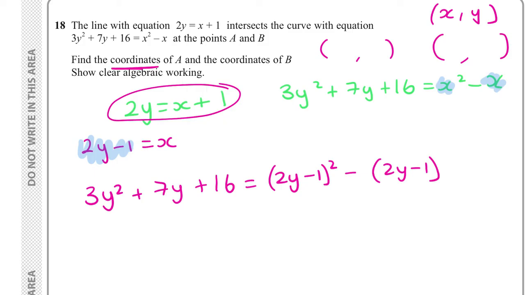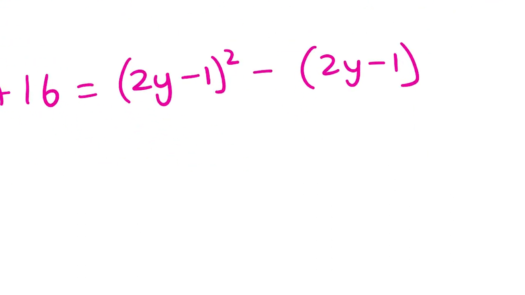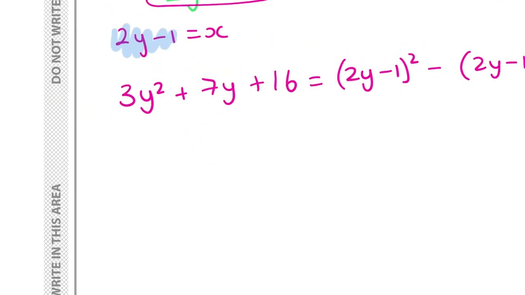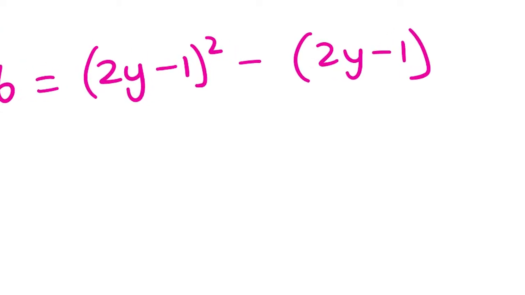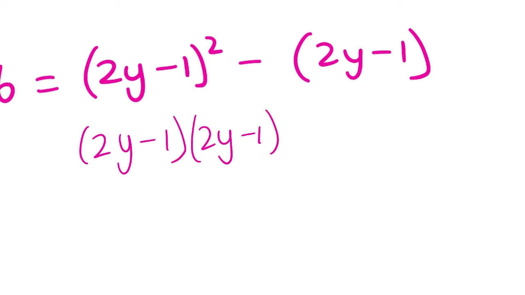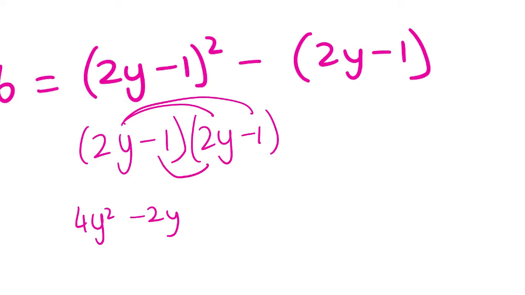Happy? If you're happy and you know it, clap your hands. Perfect. Right, so I can't really do anything on the left-hand side, but I can simplify this. (2y minus 1) squared is (2y minus 1)(2y minus 1). So what are we going to get? 4y squared minus 2y minus 2y plus 1.